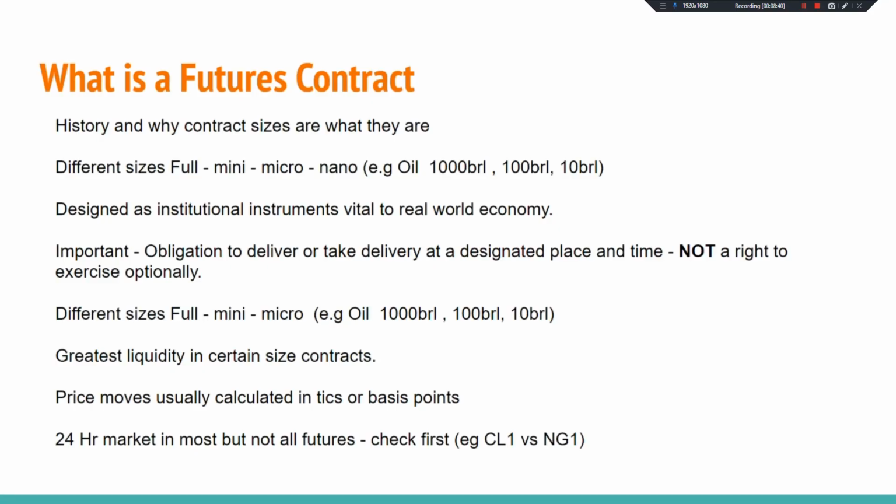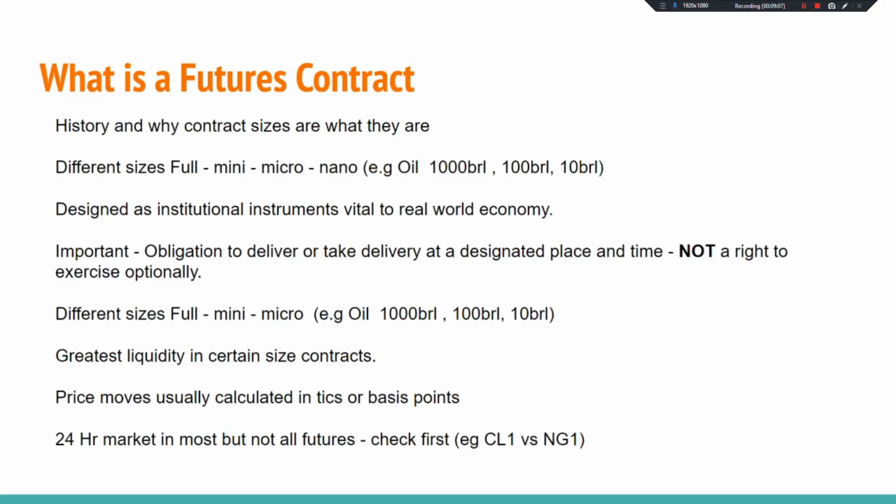So essentially everything was one railroad car full of whatever commodity it was they were buying, and they've kind of stuck with that ever since. So that's why the contract sizes are what they are. This also leads into your obligations under a futures contract, which we'll come down to in a sec.